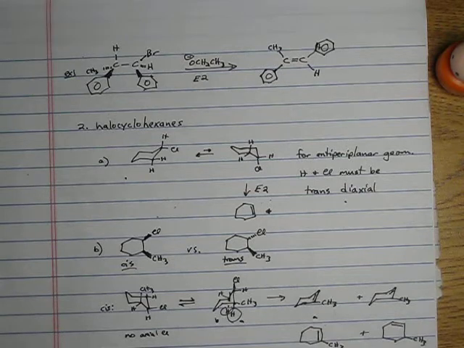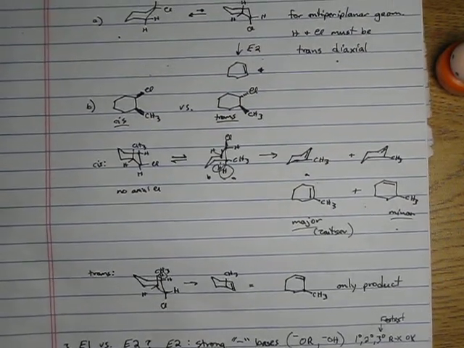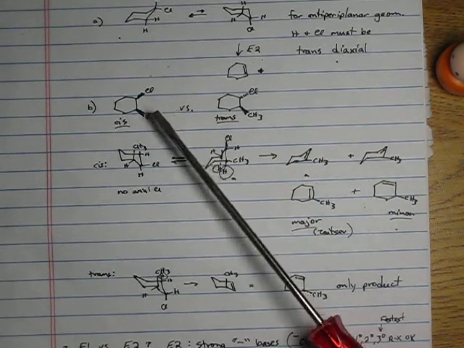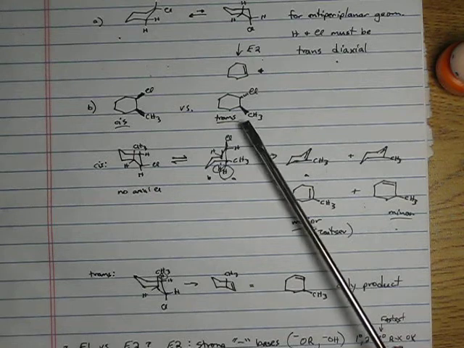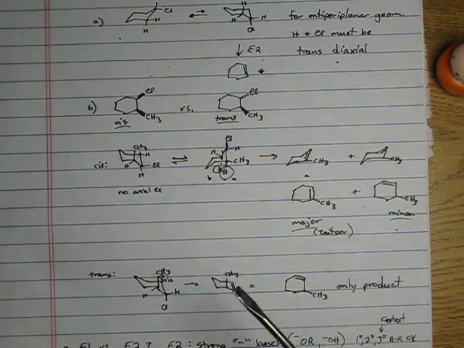So, what happens then if we look at this cis-1,2-methylchlorocyclohexane versus the trans-1,2-methylchlorocyclohexane? Well, let's start with the cis, and note, if we want to figure out how to get things axial or equatorial, we need to draw it in the chair conformation.